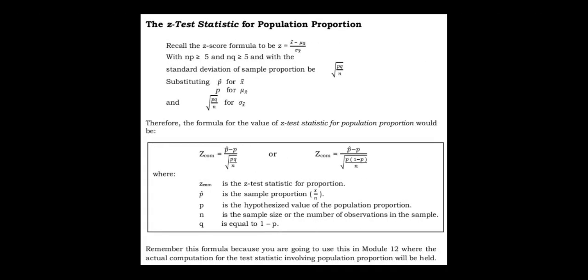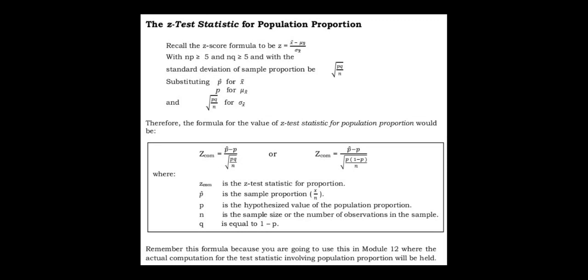The z-test statistic for population proportion. Recall that the z-score formula is z equals sample mean minus population mean over standard deviation.